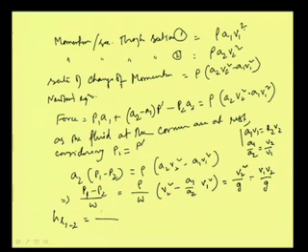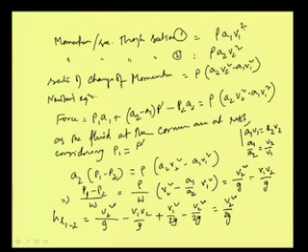Well, this we can further simplify. Head loss from 1 to 2 can now be written as V2 square by G minus V1 V2 by G plus V1 square by twice G minus V2 square by twice G. Now V2 square by G minus V2 square by twice G will become V2 square by twice G. So, V2 square by twice G minus V1 V2 by G plus V1 square by twice G. If we take 1 by twice G common, we have V2 square minus twice V1 V2 plus V1 square.